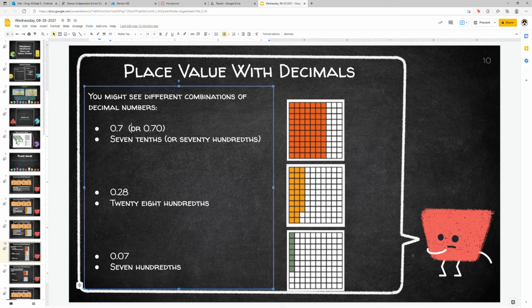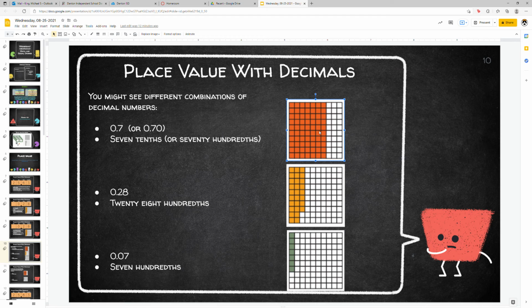Let's look at this first one: 7 tenths, or in parentheses there, you'll notice it also says, or 70 hundredths. Those are actually the same thing, but the best way to write that would just be 7 tenths, 0.7. That's because we have complete columns. There are no extras after that last column. There are 1, 2, 3, 4, 5, 6, 7 complete columns in this first image here. So that is 7 tenths.